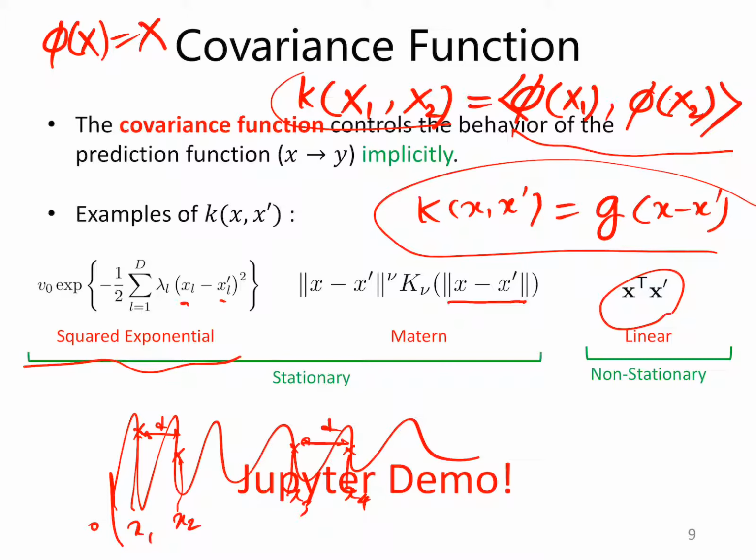And I won't go through all the detail of that, but basically, to draw a sample from any Gaussian, all you need to do is to generate samples from a Gaussian with covariance of I, and multiply with the square root of your covariance function, which can be viewed as a Cholesky factorization, but that's not important.